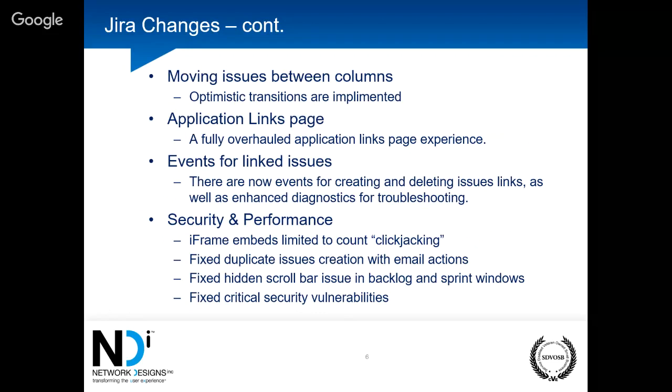Is this allowed? Is this within constraint? And are the necessary other requirements all met? Then it would complete the action on the back end. And if something failed, it would come back and tell you.